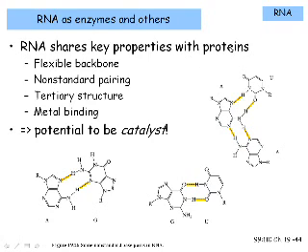So there are several things that RNA does that proteins do, and in proteins, these are the things that make proteins good enzymes. So they both have a flexible backbone. RNA is typically present as a single-stranded molecule and has the flexibility of a peptide backbone. RNAs can self-associate through non-standard pairing, just as proteins can self-associate through hydrophobic bonding.